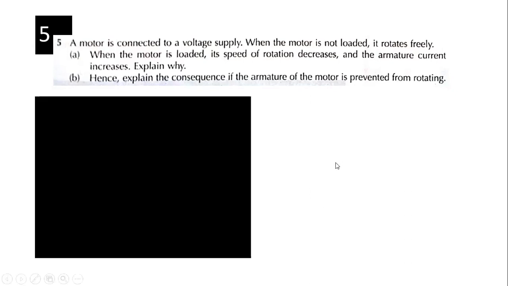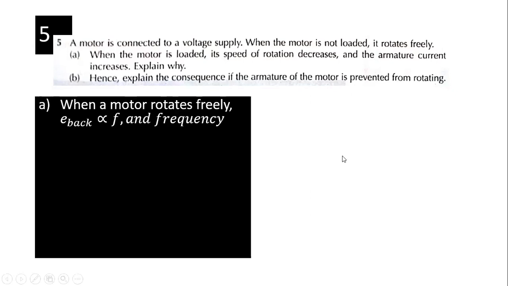What will happen if the speed decreases? EMF is proportional to frequency or omega, right? If the frequency is large, then you get a large back EMF.